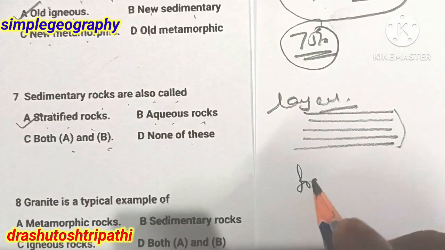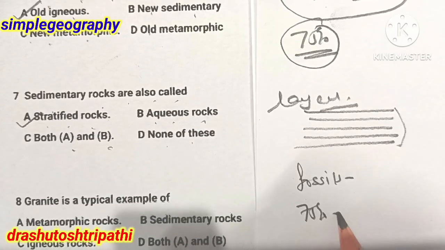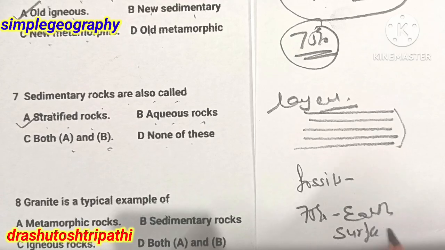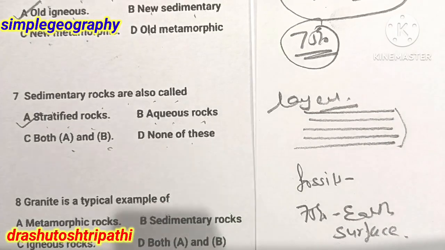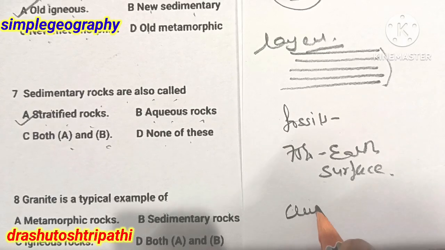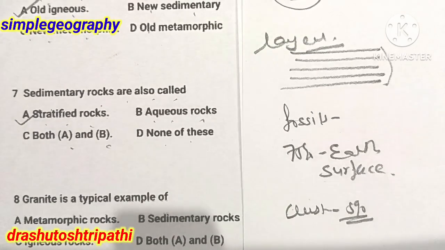They contain fossils. 75% of the Earth's surface is formed by sedimentary rock, but if you take the Earth's crust, its contribution is only about 5%.